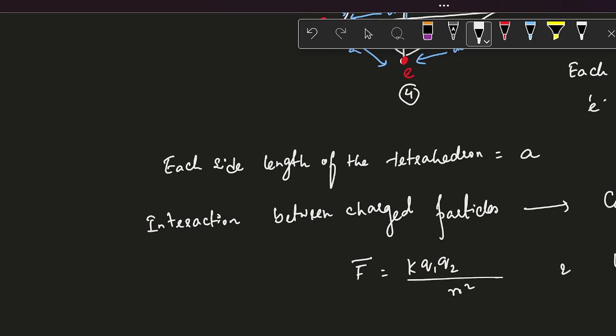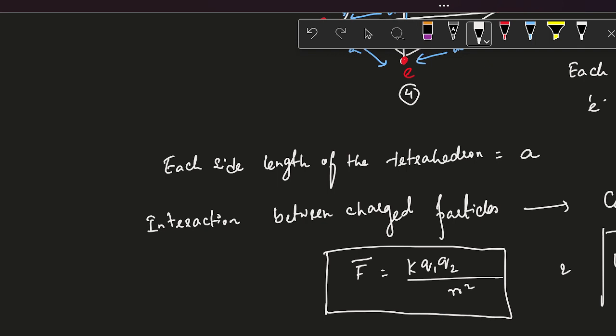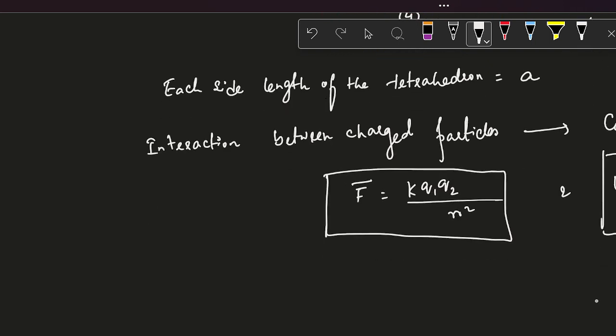In this case, the energy becomes just K, Q1, Q2 by R, where there is a negative sign if F is positive, but let us not focus on the sign right now, because the question mainly asks about the magnitude. The sign can vary depending on whether it is a repulsive or attractive interaction, so we will not bother about that much. Let us just take the values as they are.